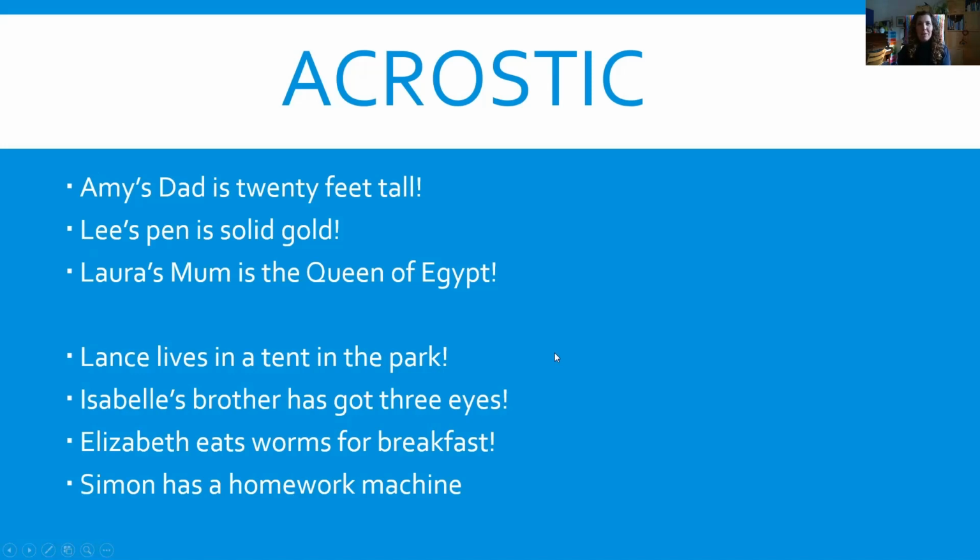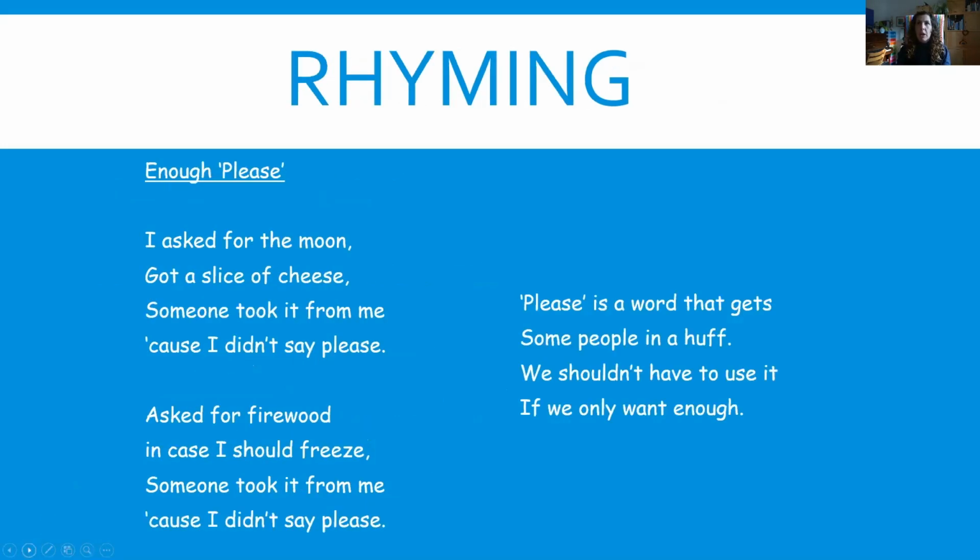And I thought that was quite clever. Sometimes you might write an acrostic poem. You might have done one at school for Christmas, where you write the word Christmas down the side, and then each line starts with that different letter. Okay, let's look at the next one.